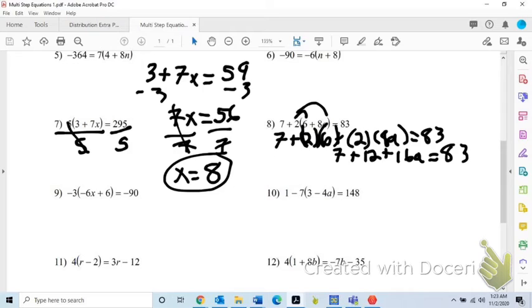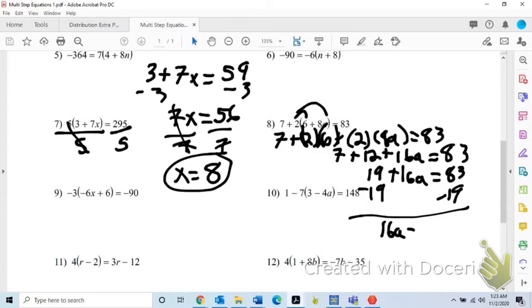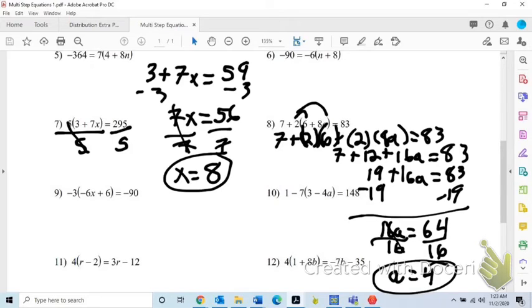We can combine like terms. 7 plus 12 is 19. Plus 16a equals 83. We then bring down 19 minus 19 is 0. 16a equals 64. Divide both sides by 16. And we get a equals 4. Easy peasy.